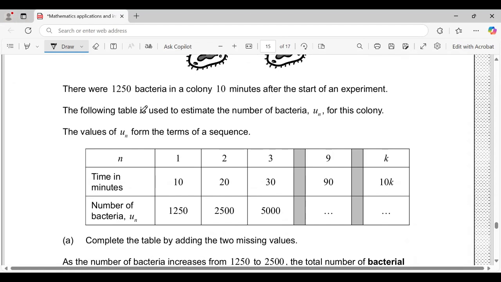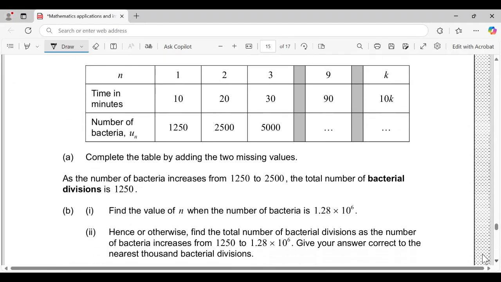The following table is used to estimate the number of bacteria, un, for this colony. The values of un form the terms of a sequence. This is the table, the data. Complete the table by adding the two missing values. So we will complete this column and this column.